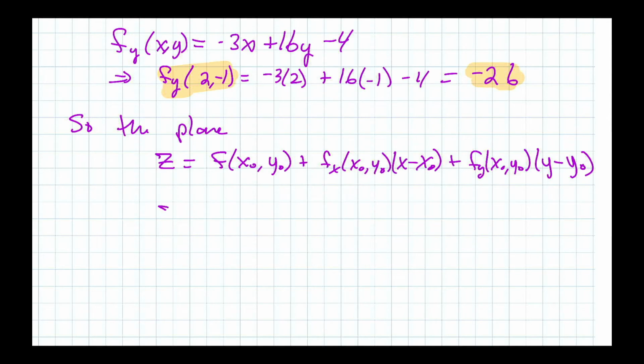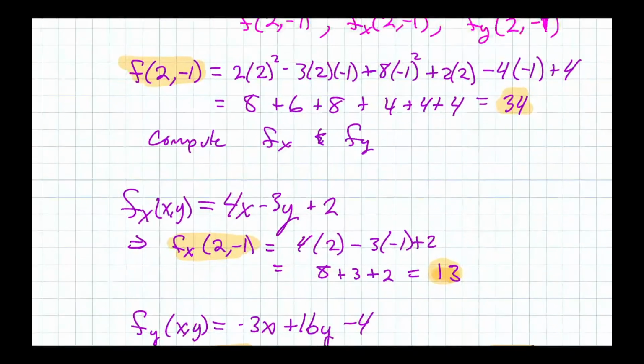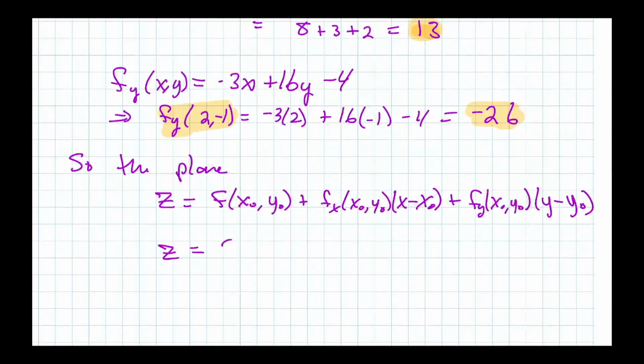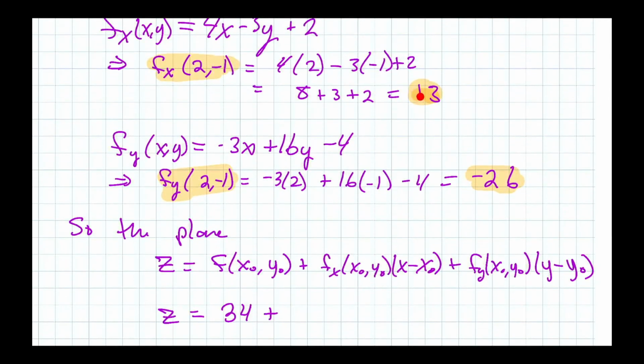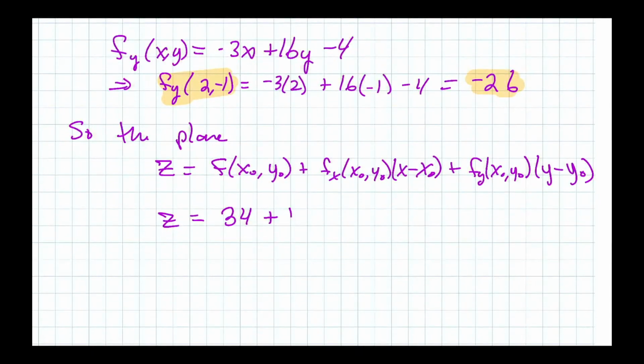So we have z equals f of x0, y0, right? Well, that was the first one we calculated. It was 34 plus, then we've got our fx derivative, which was this one, 13, and then x minus x0. What's x0? Remember, the x value of the point is 2.